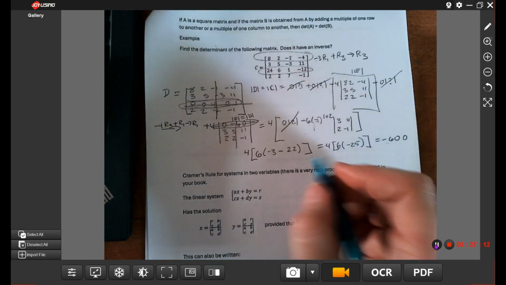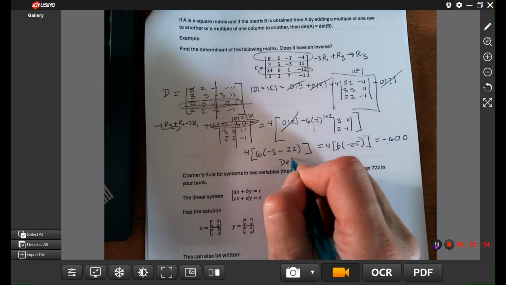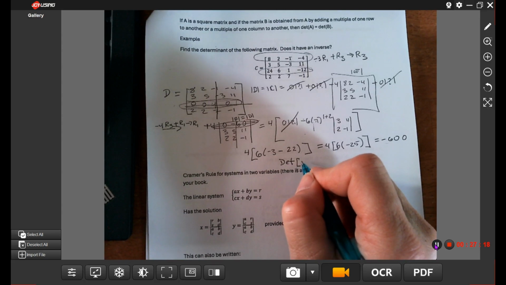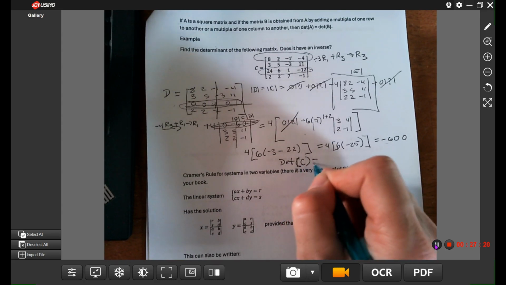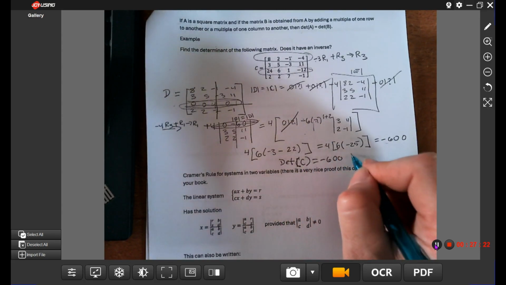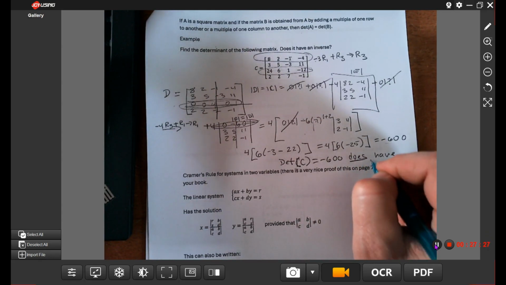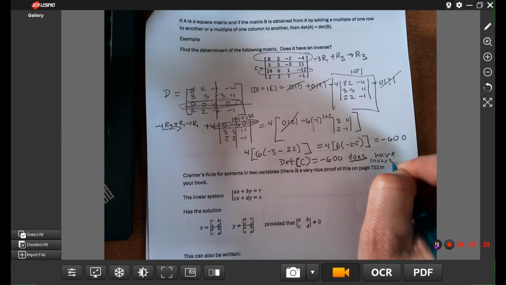So look at that. The determinant of the original matrix C is negative 600, so it does have an inverse because it's non-zero.